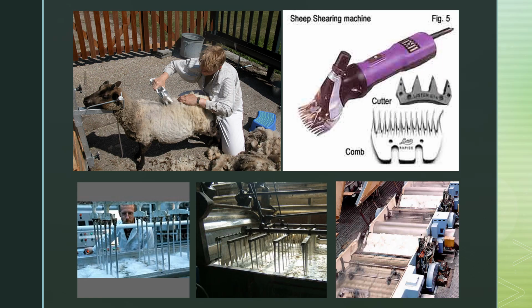Let us have a look at the different pictures. The first picture is shearing where the fleece is cut using a machine. Look at the machine, it has got a comb and a cutter. Then it is washed and then processed for the different steps.